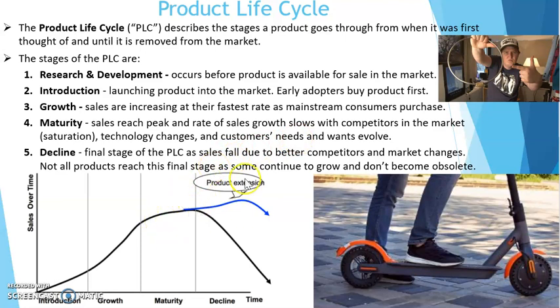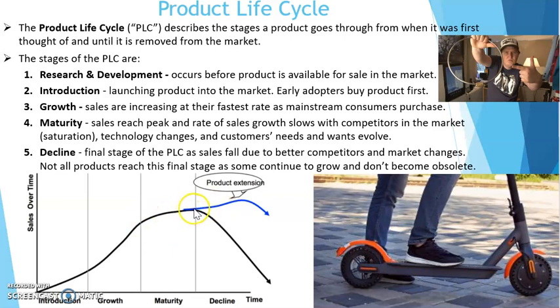And there's going to be potentially technology changes, which mean there are substitute goods that are being introduced to the market that are actually themselves at that introduction and growth stage. So consumers are going to be moving towards considering the competitors' products at that maturity stage.